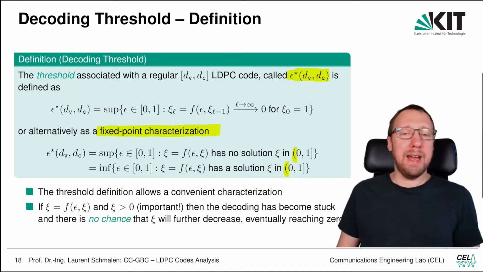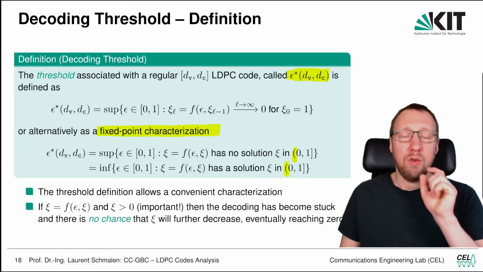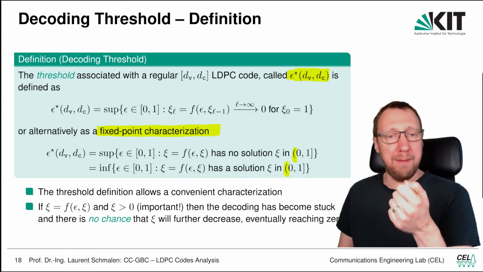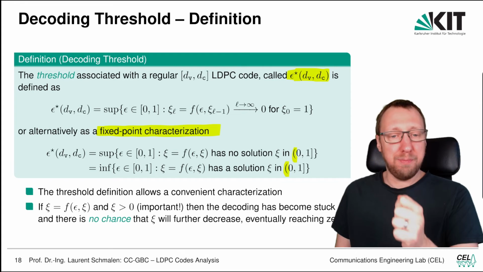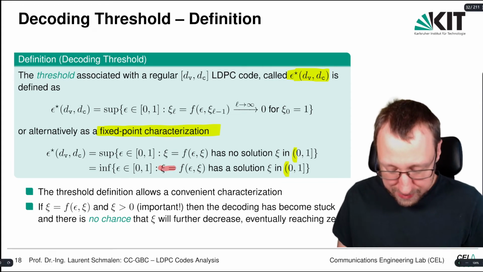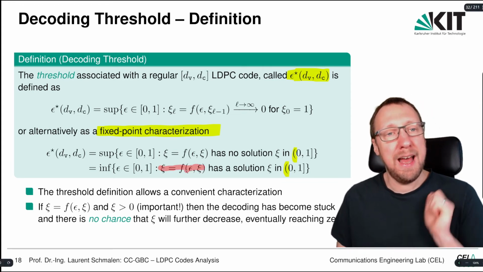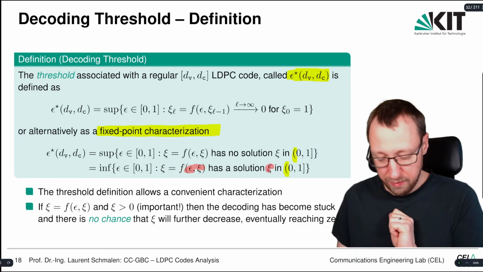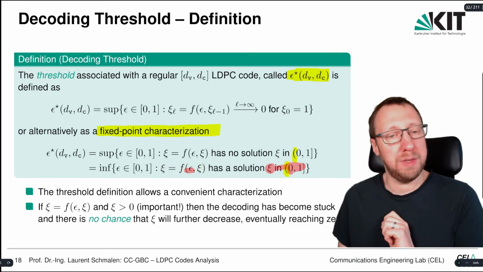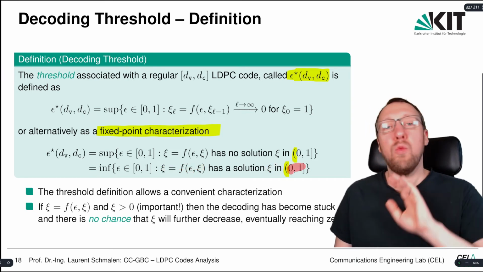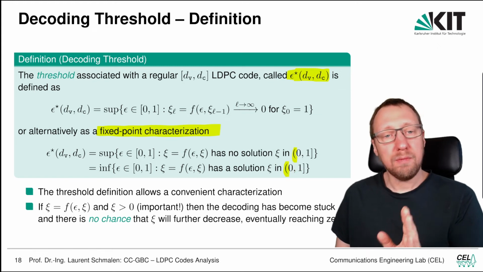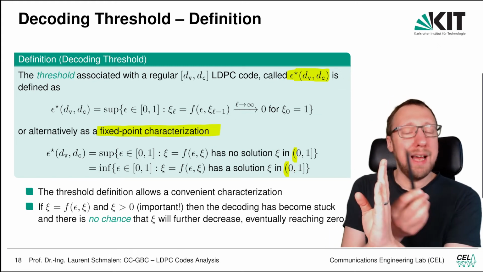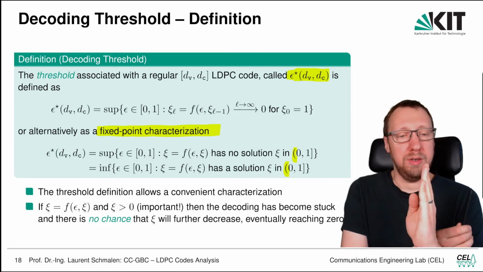Another way of looking at it is that we're looking at where a fixed point happens. If xi equal to f of epsilon, xi has a solution for some xi different from 0, that means we cannot decode. So we look at the smallest epsilon where we cannot decode.